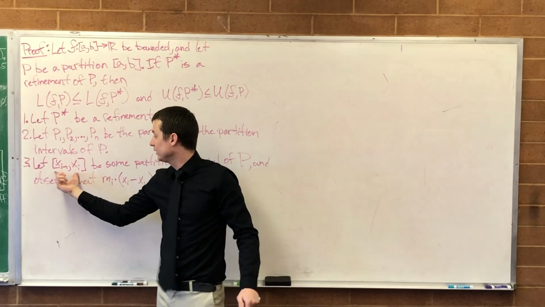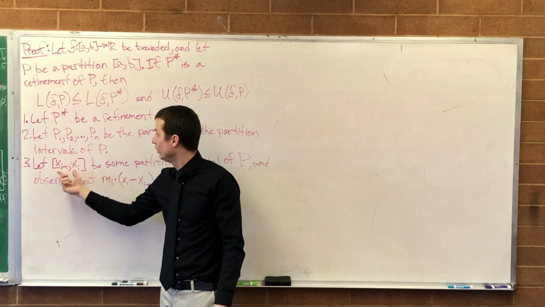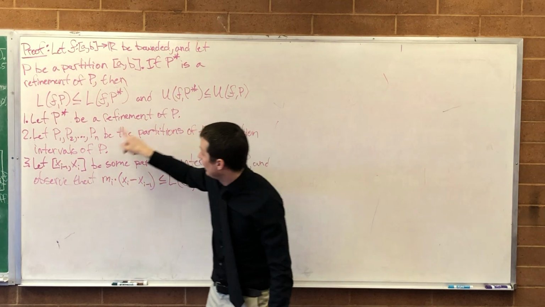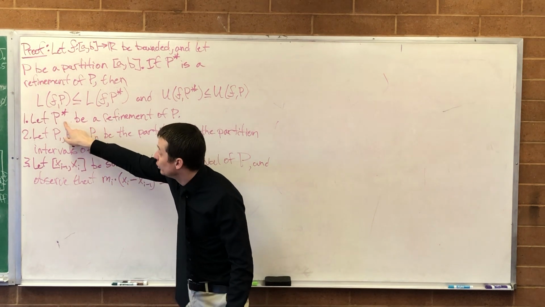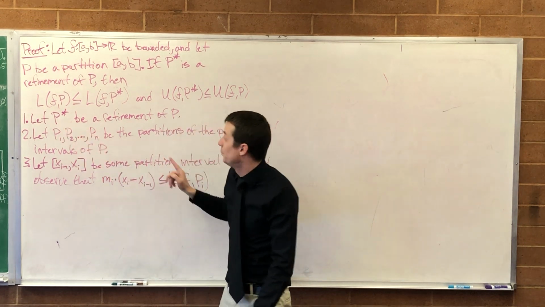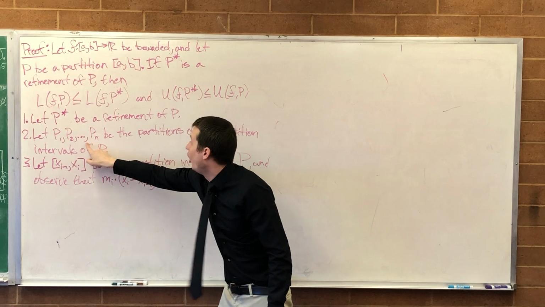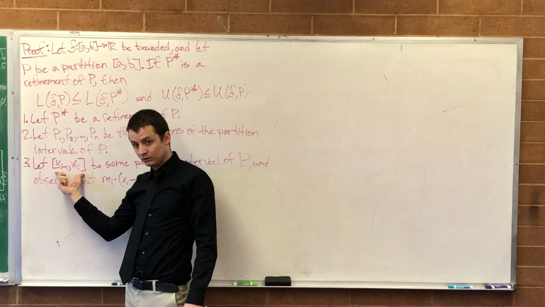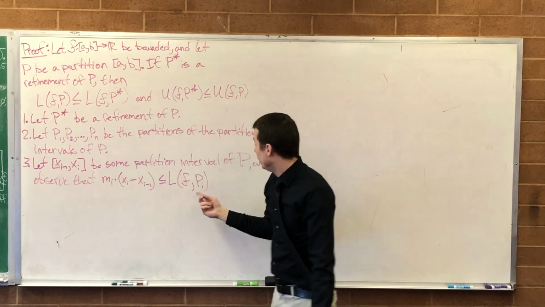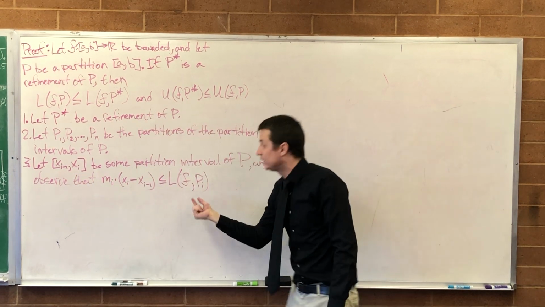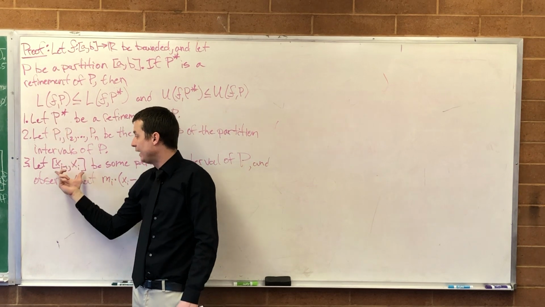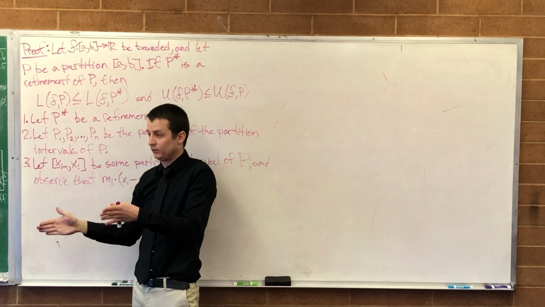We're saying pick the ith partition interval of P, right? And notice that P star induces the P sub i partition on that interval. So here's some interval of P. Then P sub i is going to be the partition P star induces on that interval, because P star could have divided that interval even more, right?